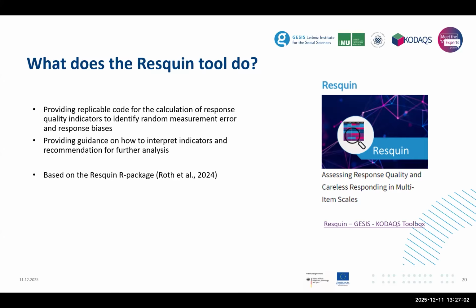On top of this replicable code, it also provides guidance on how you can interpret the indicators that you calculate, and it gives you recommendations on how to handle certain data quality issues if they arise, and also how to move on with your substantive analysis if you find that you have data quality issues in your data.